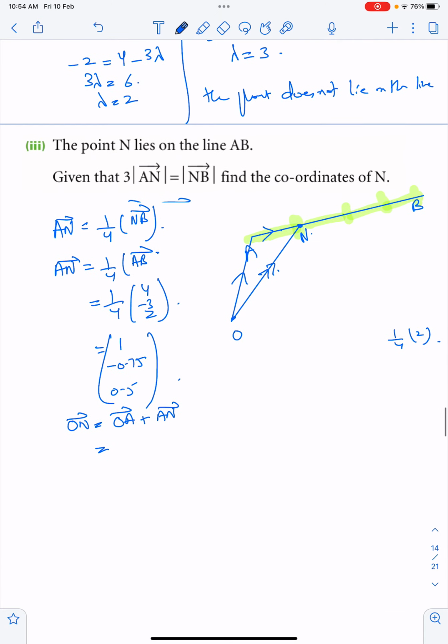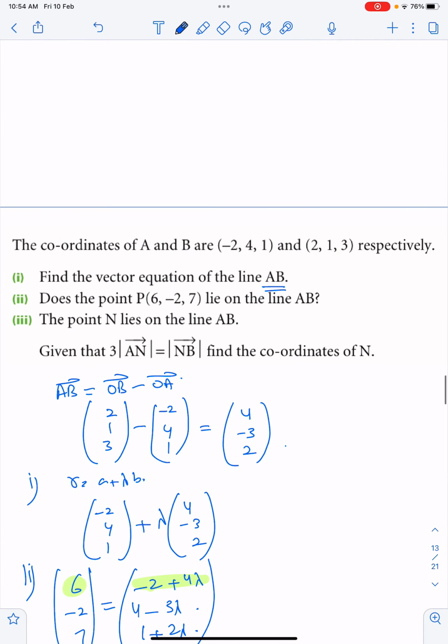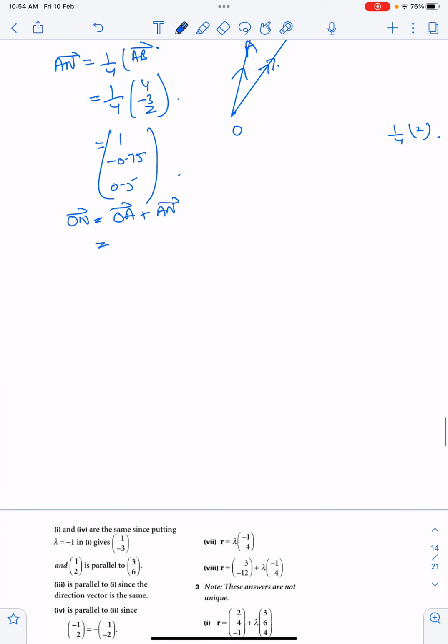OA is, in this question, minus 2, 4, and 1. And AN is 1, minus 0.75 and 0.5. So ON is going to be minus 1, 4 minus 0.75 is 3.25, and 1 plus 0.5 is 1.5.